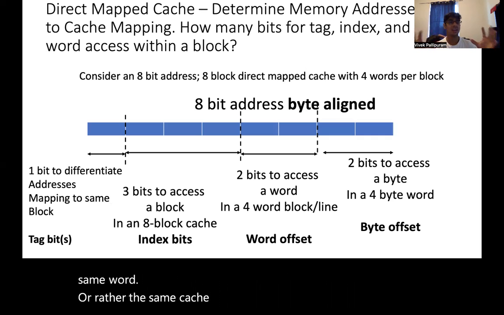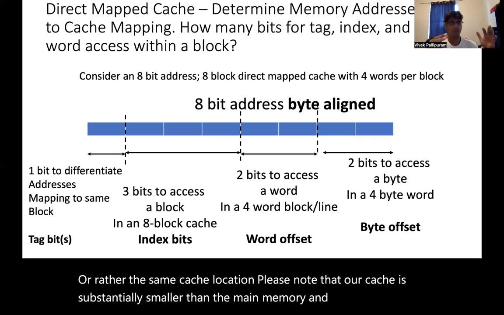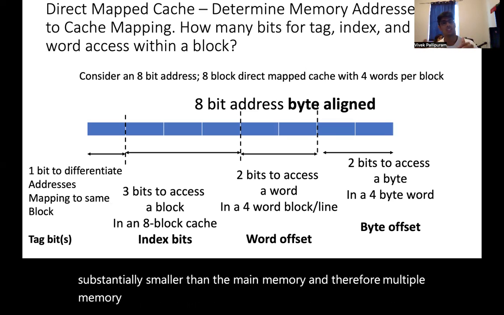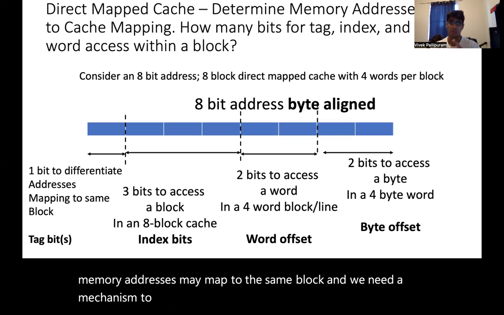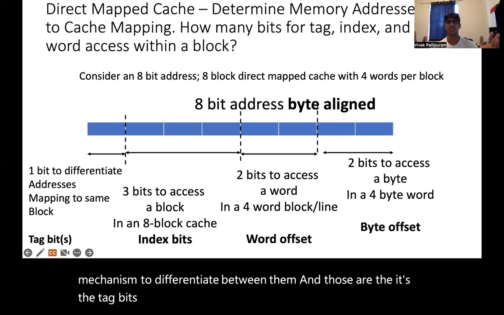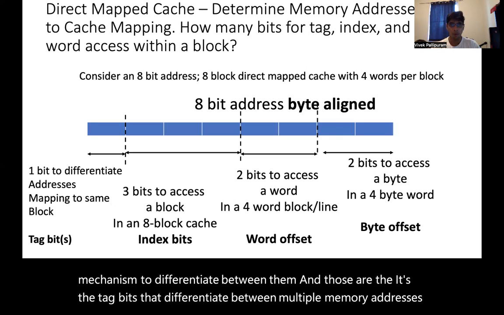Please note that our cache is substantially smaller than the main memory, and therefore multiple memory addresses may map to the same block, and we need a mechanism to differentiate between them. It's the tag bits that differentiate between multiple memory addresses that map to the same block.